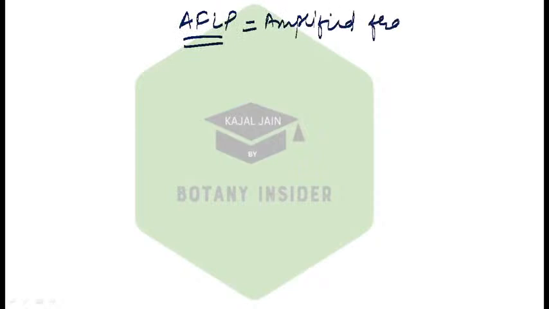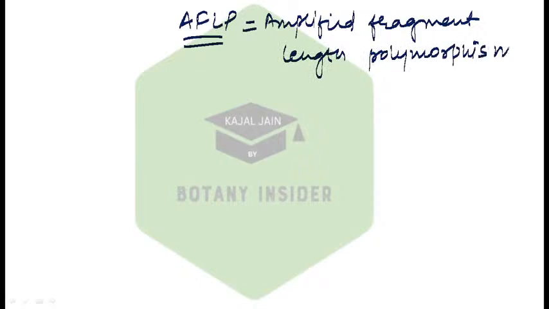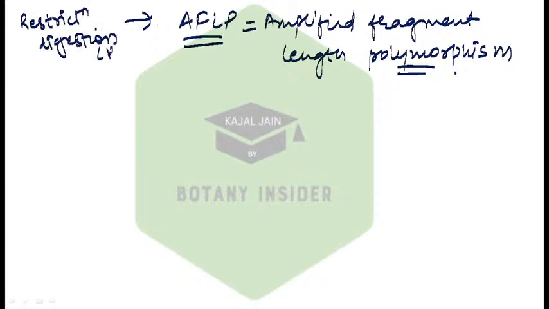Now the other method we use is the AFLP method. AFLP is amplified fragment length polymorphism. This is the advanced method, a combination of methods in which we use both the techniques of RFLP and RAPD. In this case, we are using restriction digestion that we used in RFLP, and we are also using the PCR technique that we used in RAPD.